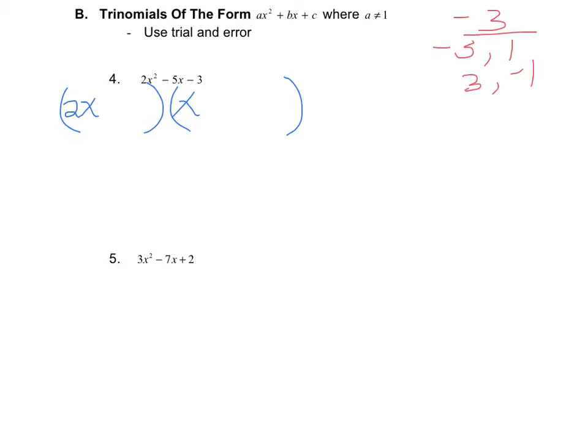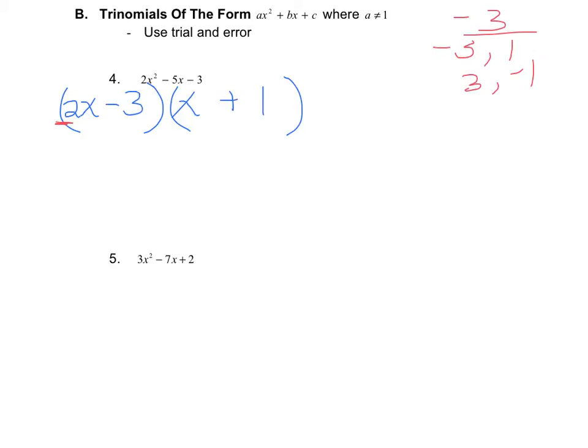Okay, neither of those pairs of factors will add to give me the negative 5 like I want. And they're really not supposed to because of this 2 right here. So I'm just going to have to plug them in and see what works. And if they don't work, I erred, and I'm just going to have to try again. Okay, so I'm going to start off with a minus 3 here and a plus 1 here.